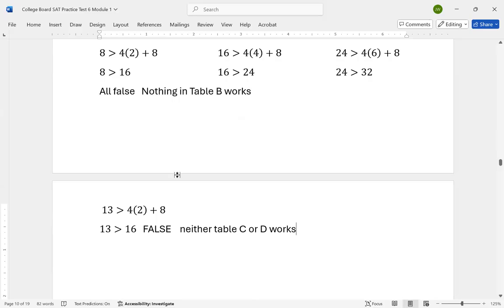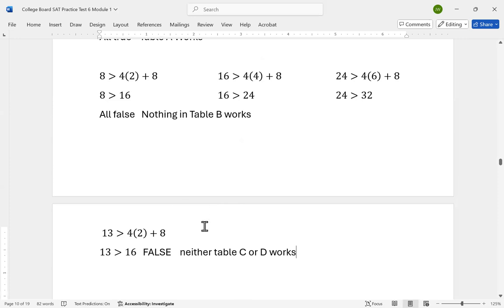And I'm trying to give you a lot of different ways to look at this. Basically, all we need is one of these inequalities not to work, and then the whole table gets thrown out.